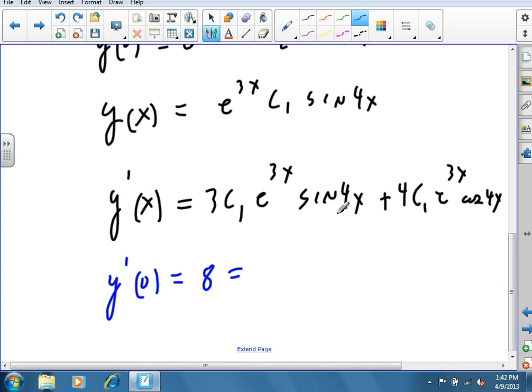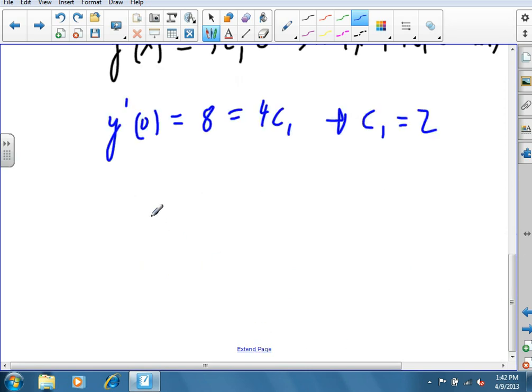Okay, the sine of 0 is 0, so that term goes away. This becomes a 1, that becomes a 1, 4 c1, implying c1 is equal to 2. So my final answer would be y of x is equal to 2 e to the 3x sine 4x.